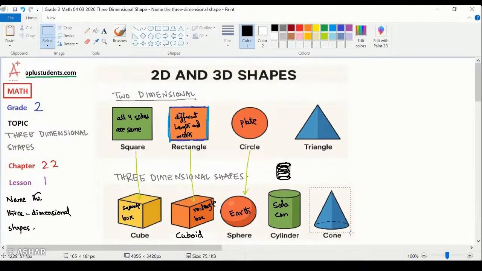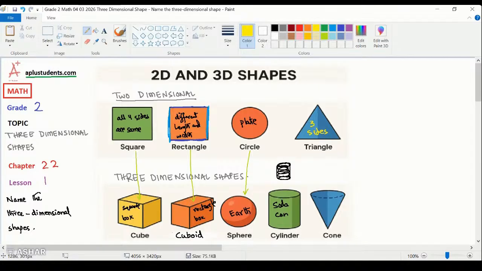They top it up with the ice cream, right? So we can say this could be a cone. Okay. A triangle is a three-sided shape. Agreed? So if these are the basic shapes that we are looking at, a shape would be given to us and we would need to identify it.